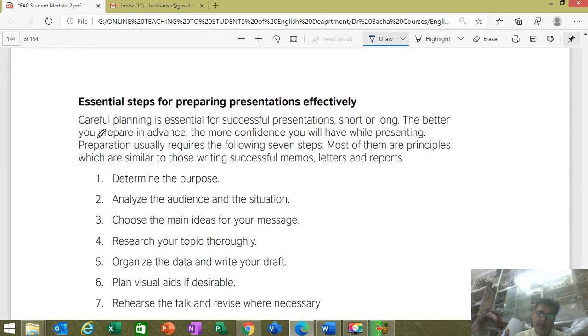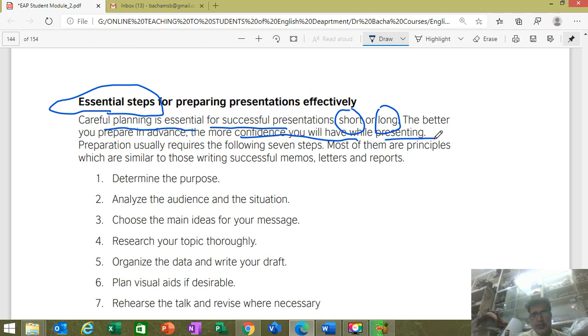Now, remember the essential steps, essential meaning extremely important, for preparing presentations effectively. The first thing is that careful planning is essential for a successful presentation. If it is short or long, you have to do some planning. The better you prepare in advance, the more confidence you will have. A presentation usually requires the following seven steps.